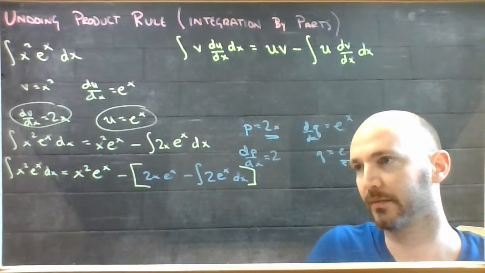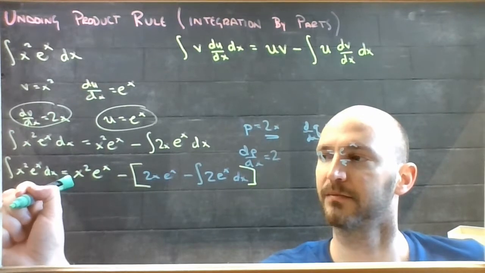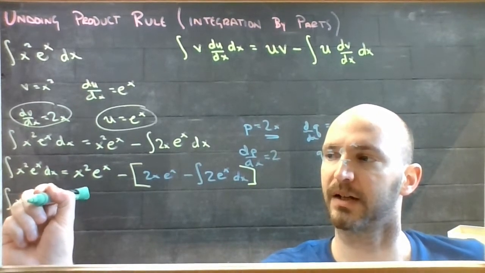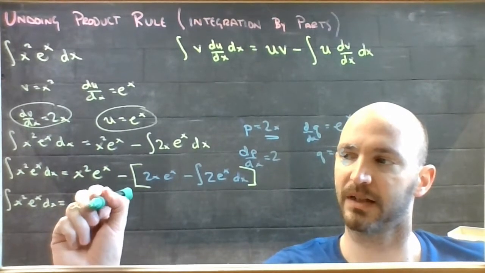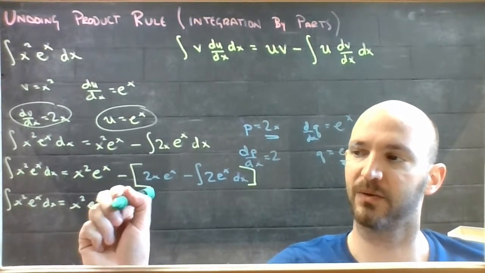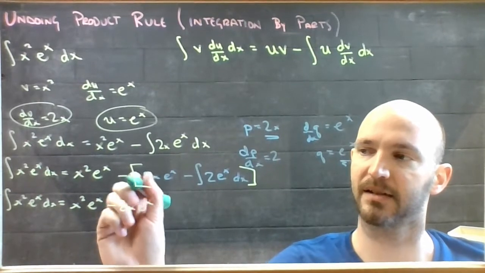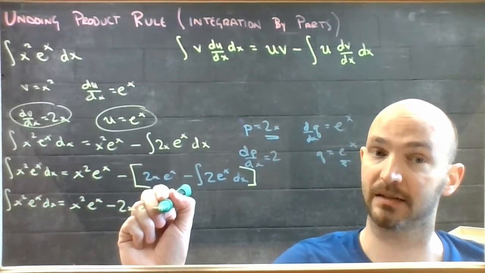All right, so the integral then of x squared e to the x dx is this piece, because it was already here, subtract 2x e to the x, subtract, which is a plus.